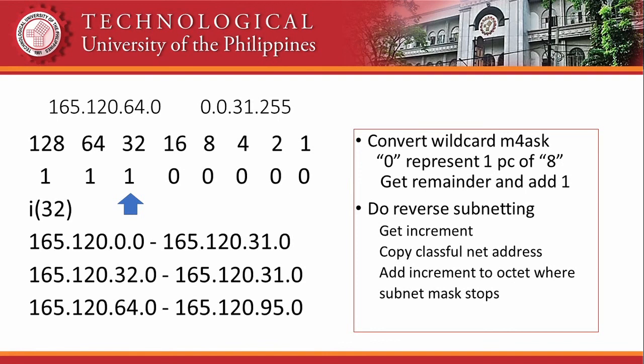Continuous lang dapat yung pagkuha natin ng increment hanggang makita natin saan pasok yung 165.120.64.0. So, our answer would be 165.120.64.0 to 165.120.95.0. O bakit 0 po yung huling value or huling octet, bakit hindi 255? Again, we are looking for a range na sinusupernet natin na address, hindi tayo nakakuha ng network range in subnetting. Okay?